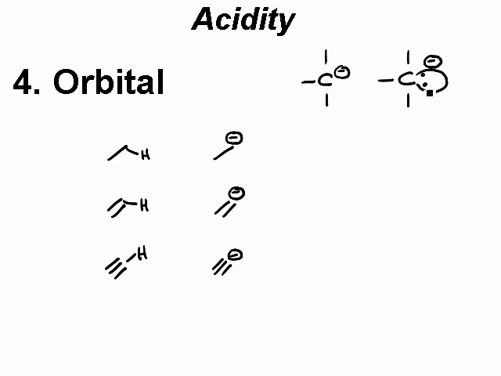But notice that we've got this lone pair in an orbital. And the question is, what kind of orbital is it in? In the conjugate base of ethane, the lone pair is in an sp3 hybridized orbital.